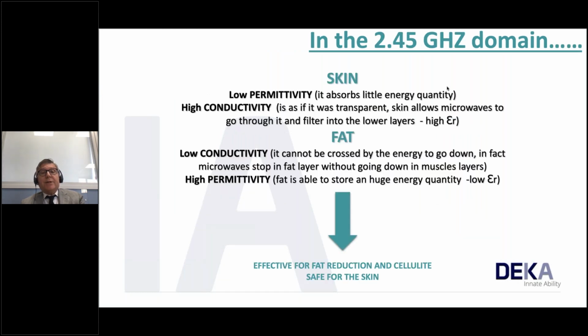Skin, at 2.45 gigahertz, the emission of Onda, has low permittivity, so less absorption, but high conductivity. But in the fat, we can concentrate our action because there is a high permittivity. So it is very effective for fat reduction, cellulite, and safe for the skin, as we'll see later on.